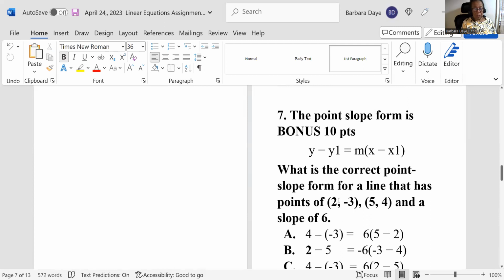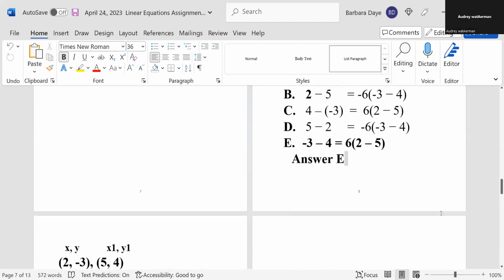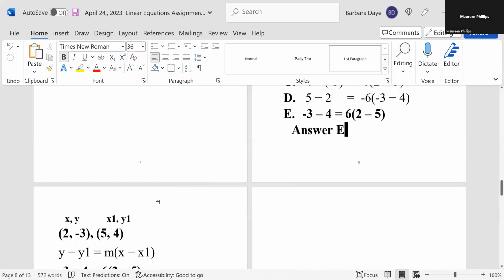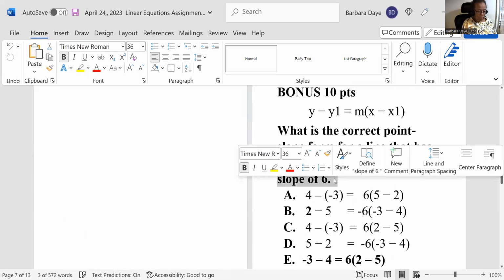You call the first set x, y and the next set x1, y1. That's why I label them. And we were told that the slope was 6 right here. And m is the slope.